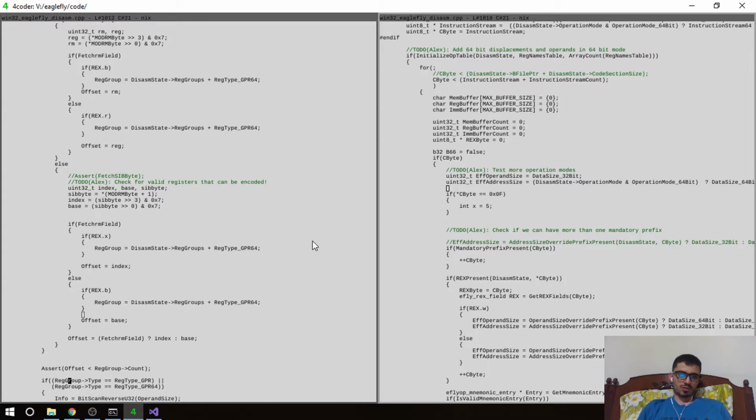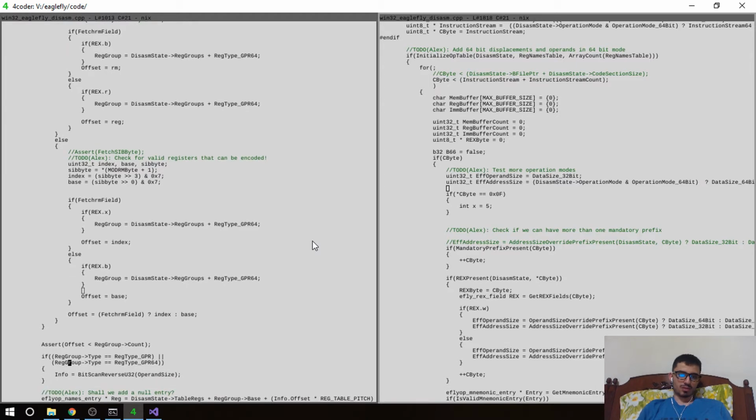If we change to GPR64, we can use the bit scan reverse of the operand size to find it out, which is nice.